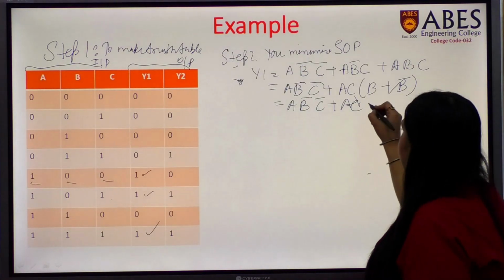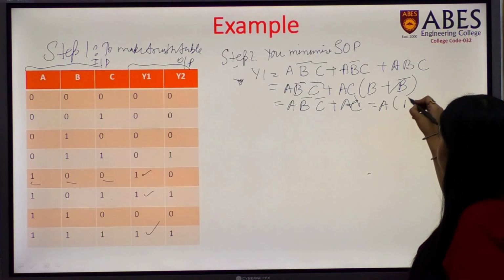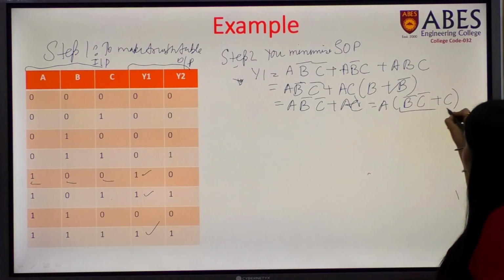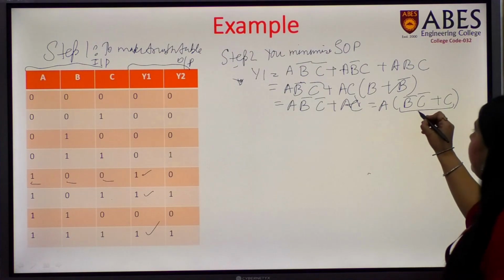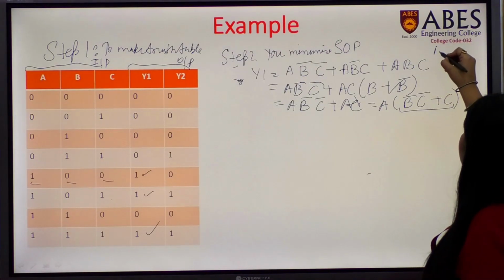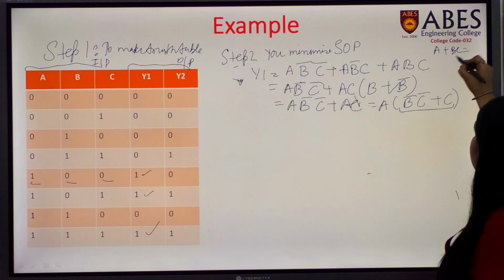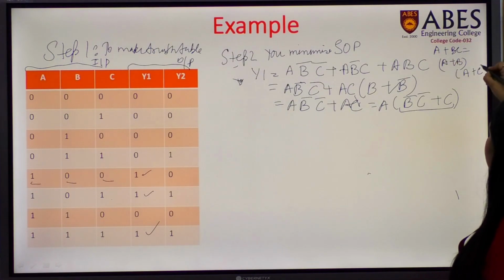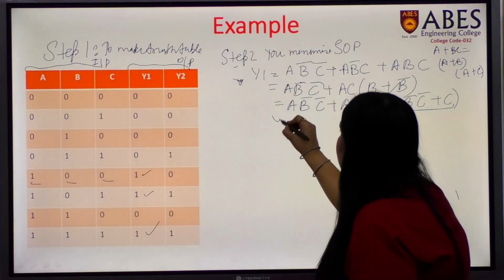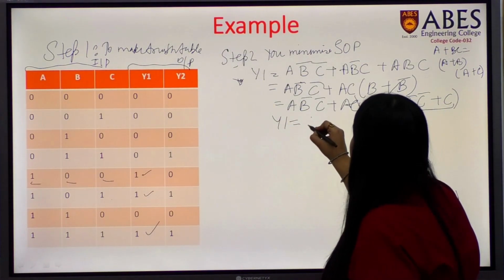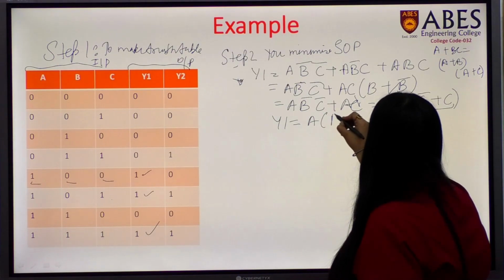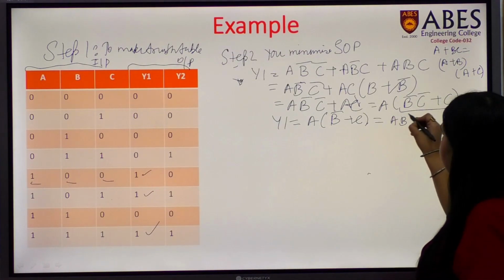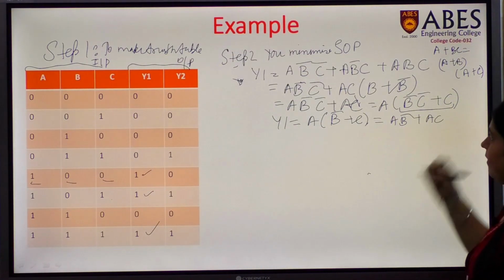Again, I am going to take A as common. We are getting B bar C bar plus C. Now in this expression, I am going to apply the distributive law, which is A plus BC equals A plus B into A plus C. So the Y1 minimized expression is A into B bar plus C, that is A B bar plus AC.